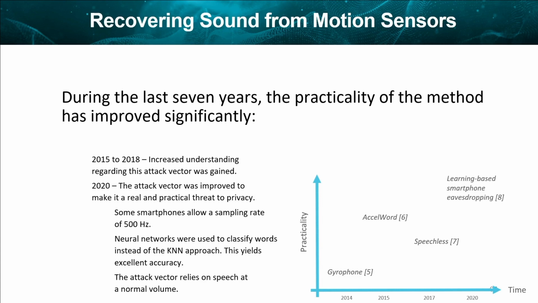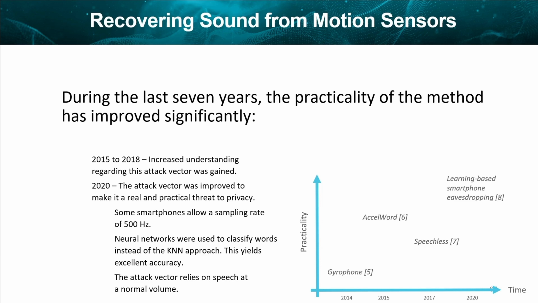Now, finally, about a year ago, a group of scientists presented exciting research at NDSS, and they showed that they were able to improve the attack vector significantly and make it a practical threat to privacy. This was mainly the result of the fact that in some smartphones nowadays, the operating system allows a sampling rate of 500 Hertz.